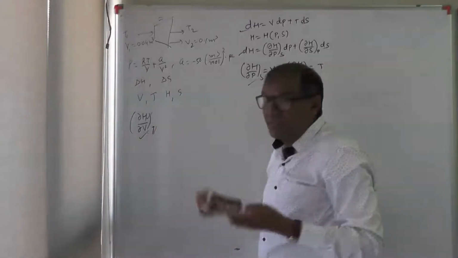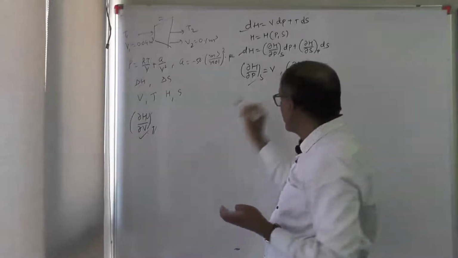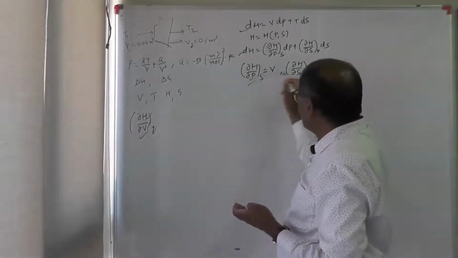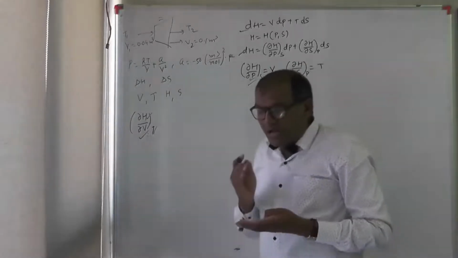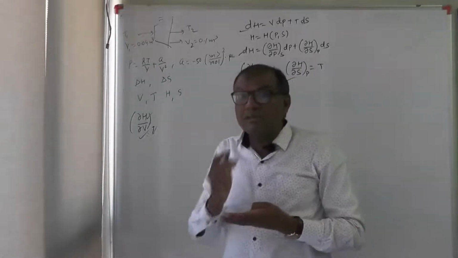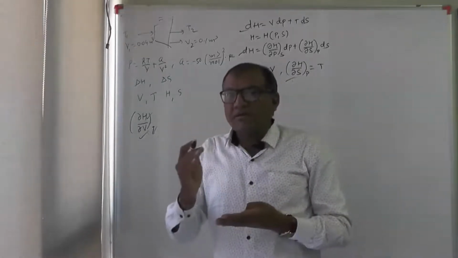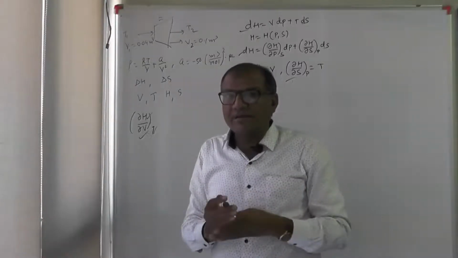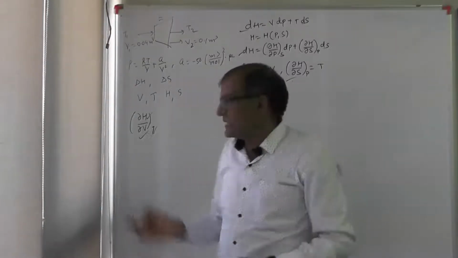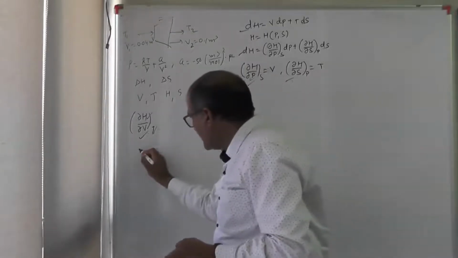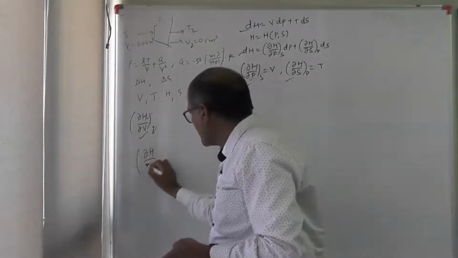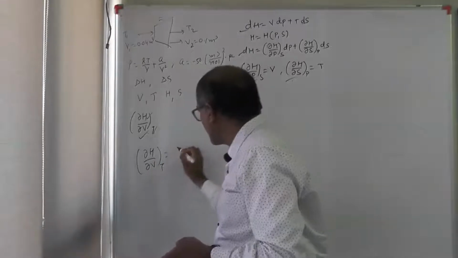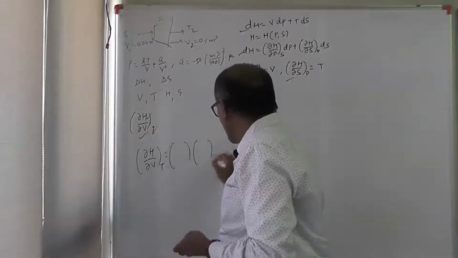Here there are three variables: enthalpy, volume and temperature, but there are two more, pressure and entropy. I can use the knowledge of mathematical theories, and if you remember, using the expansion rule we can add two more variables in the equation. So I can write del H over del V at constant temperature using the expansion rule.